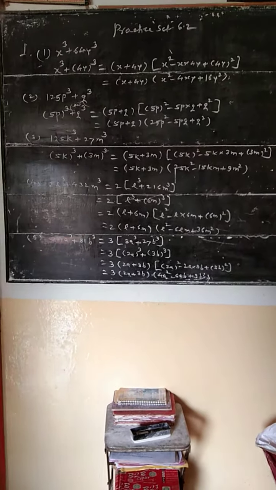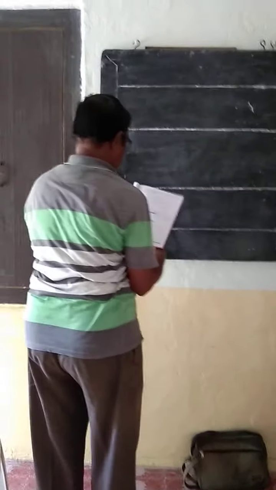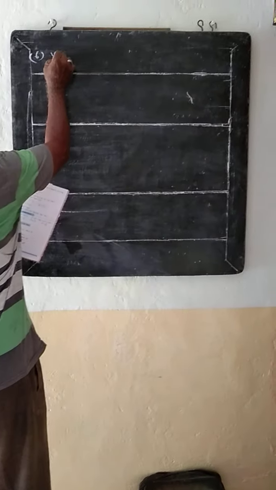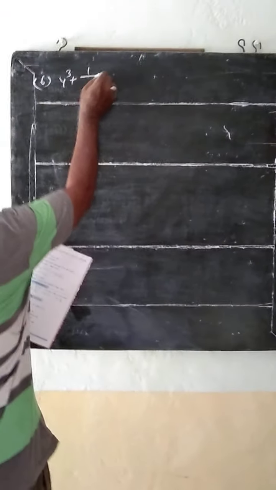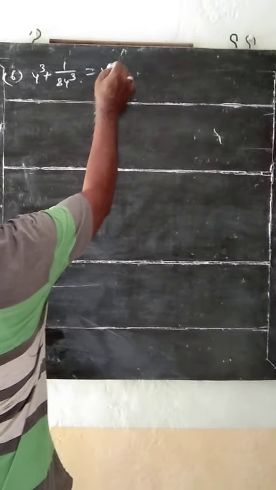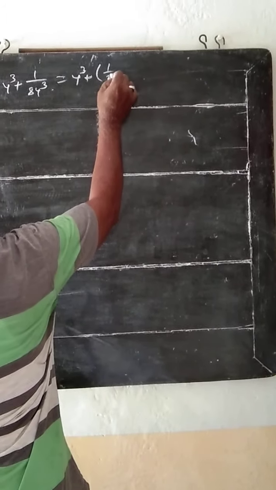Then the sixth one is y cube plus 1 upon 8y cube, which is equal to y cube plus (1 upon 2y) bracket cube.